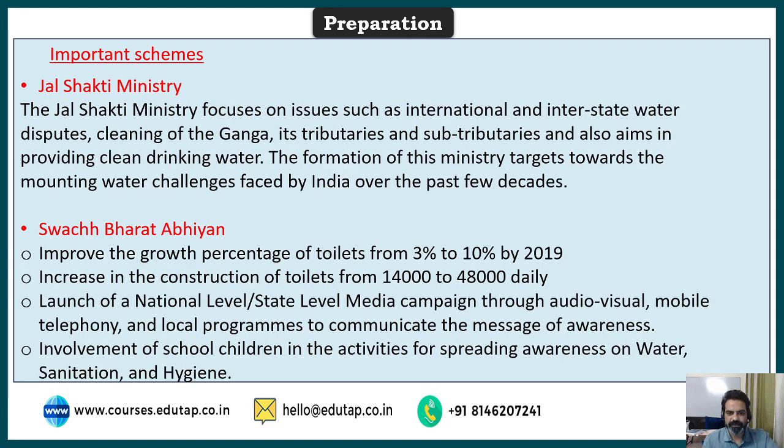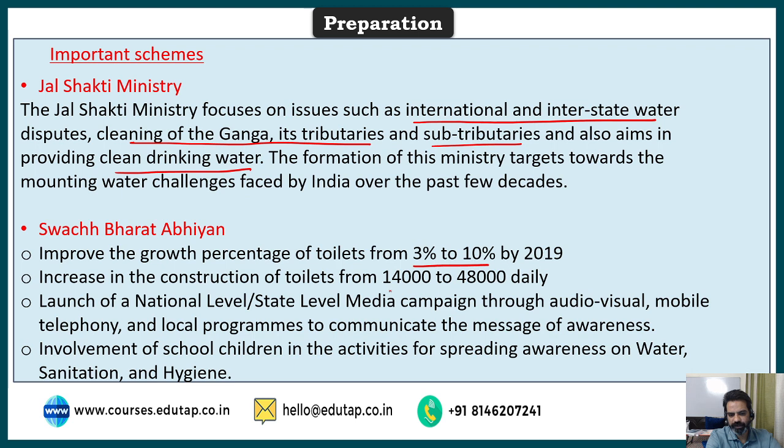For example, Jal Shakti Ministry, what does it focus on? So it focuses on issues such as international and interstate water issues, cleaning of Ganga and its tributaries, sub-tributaries, providing clean drinking water. So you should know the basics of these schemes. Now, what does Swachh Bharat Abhiyan entail? Improve the growth percent of toilet from 3 to 10% by 2019. That was achievement.